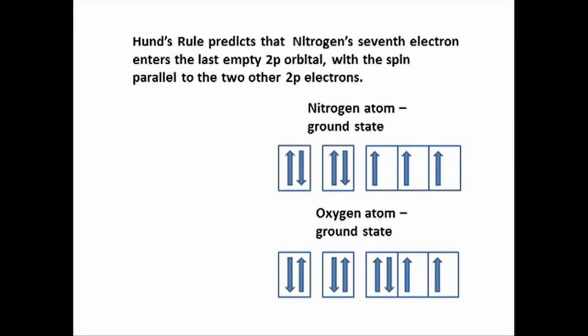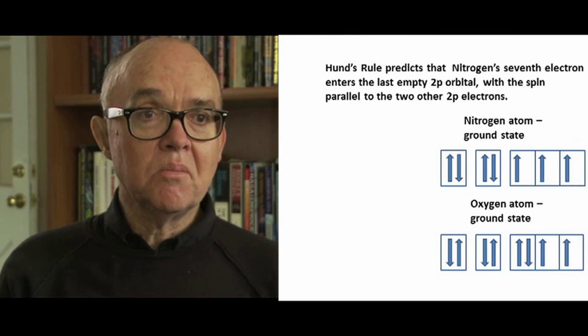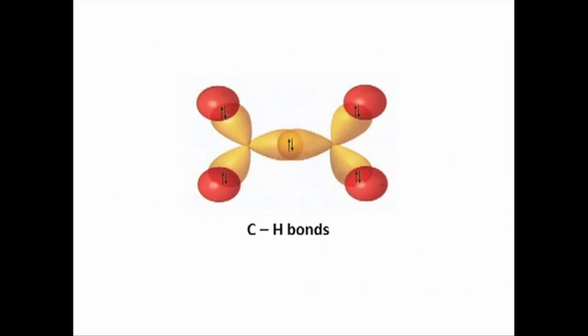That's to say that one electron in the orbital must be spin up and the other spin down. For instance, let's look at the valence electrons in nitrogen and oxygen before these two atoms combine into a DNA base. You will see that in the valence orbitals, which are not fully occupied, the electron spin in both atoms is spin up.